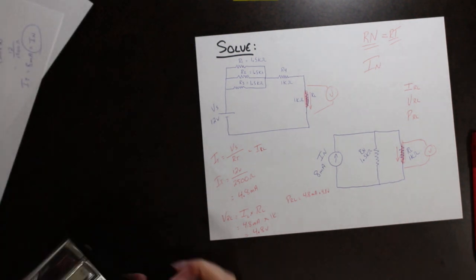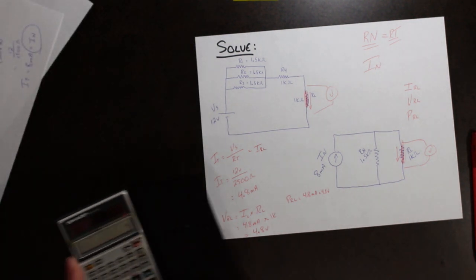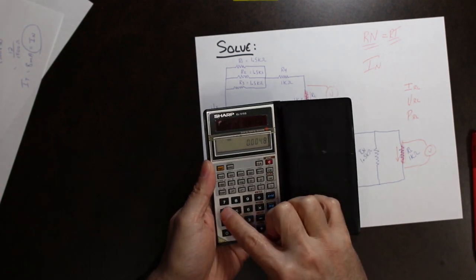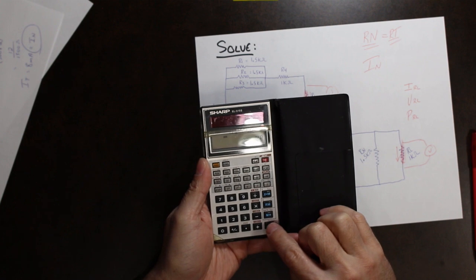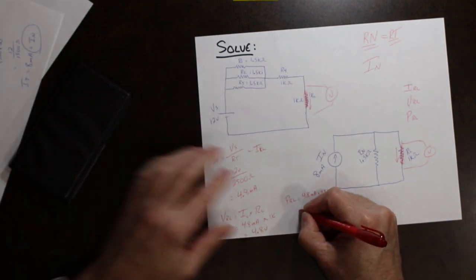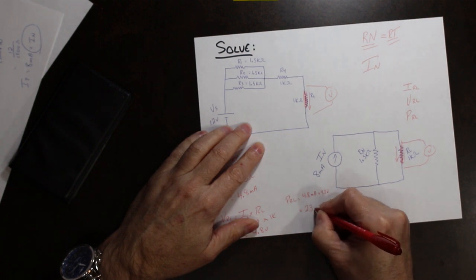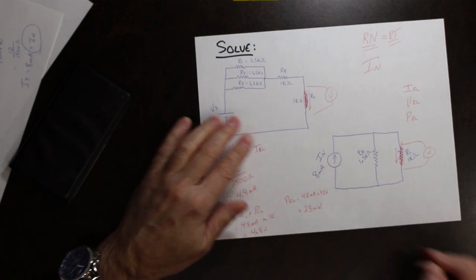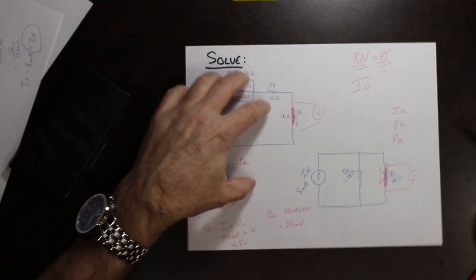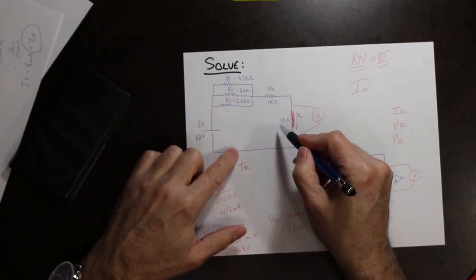So we'll just take this value here, 4.8 milliamps times 4.8 volts, and we get 23 milliwatts of power. So that's using this circuit.